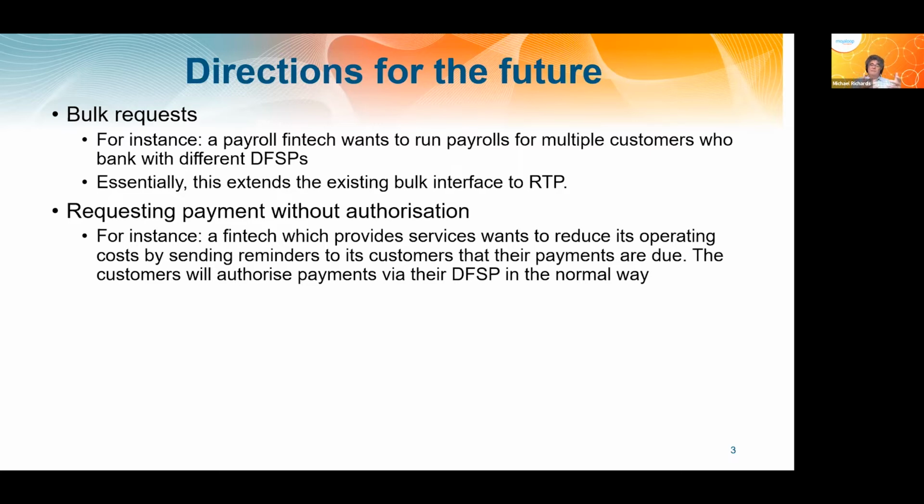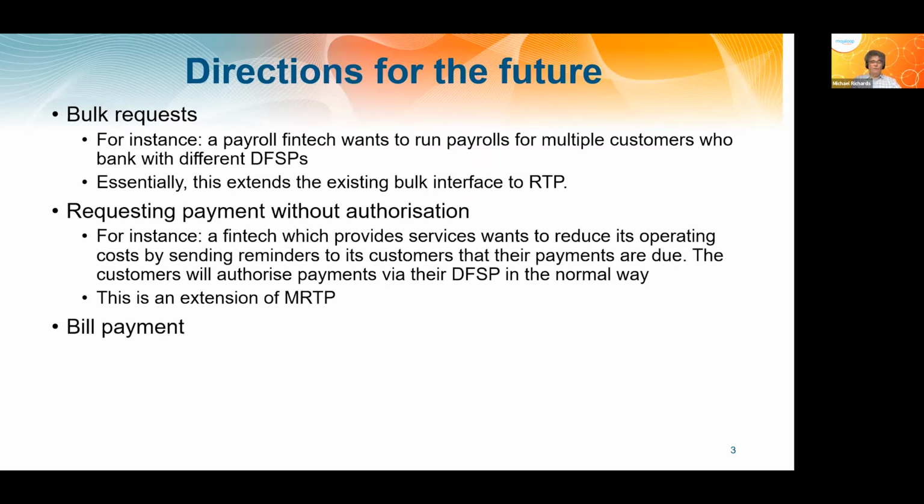Another example might be, for instance, an app that supports merchants who run credit accounts, and they may want to send out requests at the end of each month to say to all the credit account customers, this is what you owe, please pay up. But in both cases, the customers, we would expect, would authorize the payments via their DFSP in the normal way. They wouldn't rely on the PISP for the authorization. And this is essentially an extension of merchant request to pay as we currently have it.